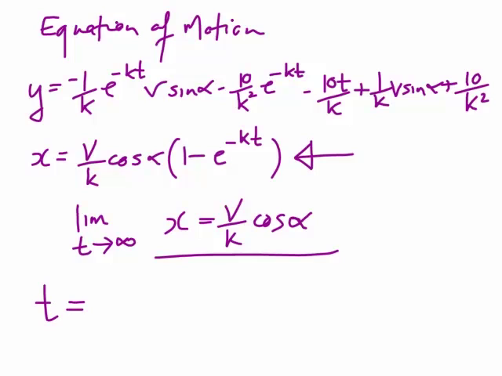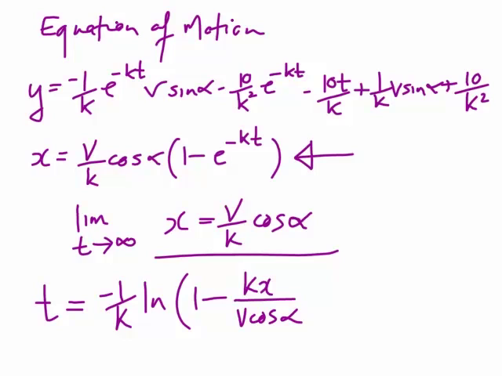T is equal to minus 1 on k times ln of 1 minus kx over v cos alpha.